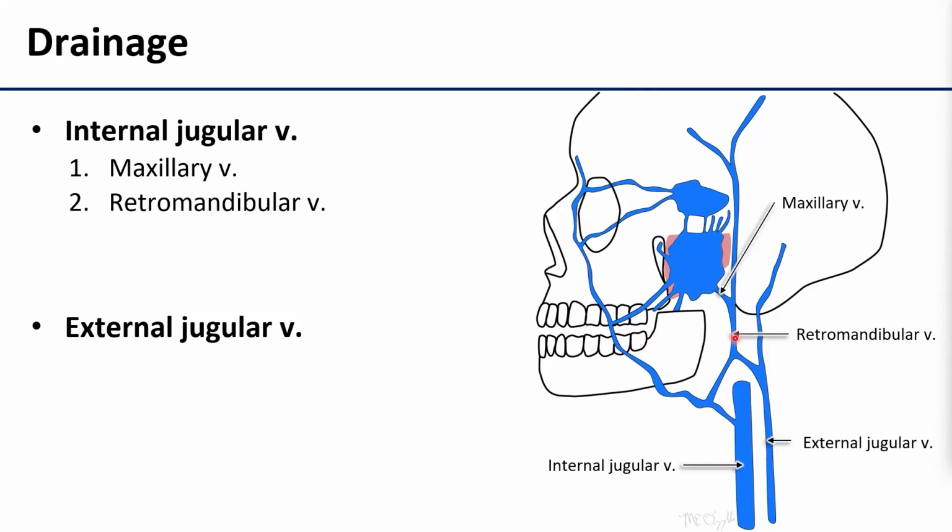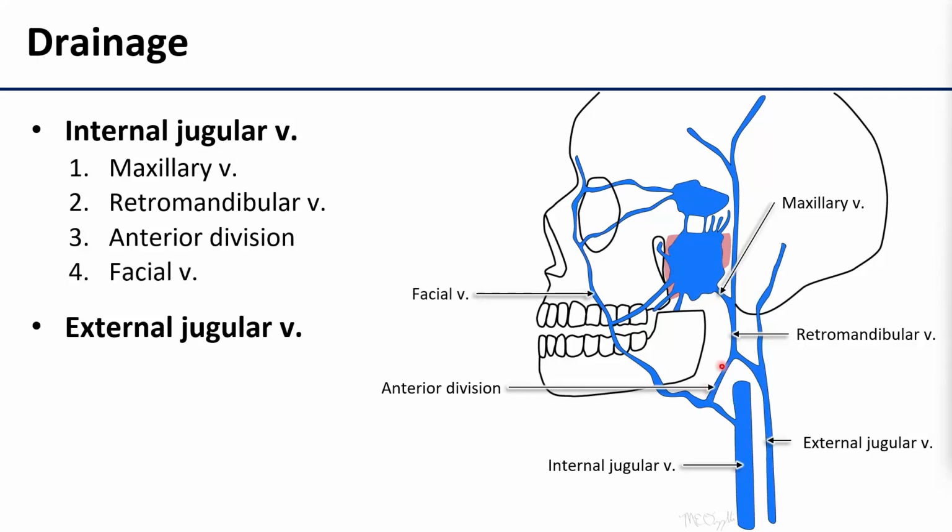And remember, the retromandibular vein is going to split into an anterior division and a posterior division. To get to the internal jugular, we would go through the anterior division. The anterior division is going to flow into the facial vein. And finally, that facial vein will take us all the way back to the internal jugular vein.